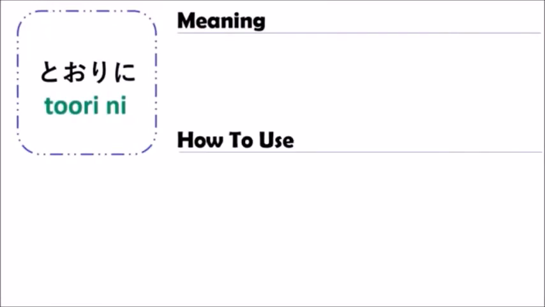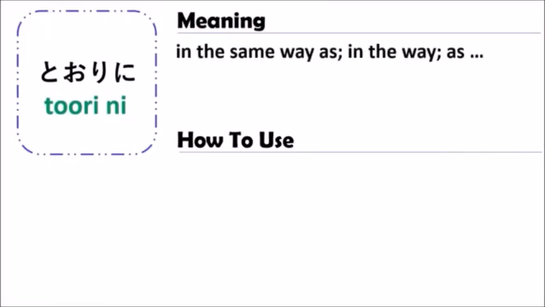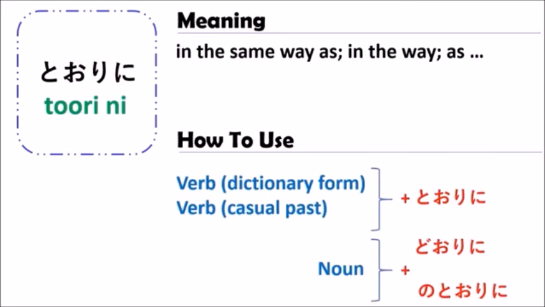Totally means in the same way as, or in the way, or as or something. So how to use it? In Japanese, when you use the grammar of tori ni, you can use it with a verb and a noun.